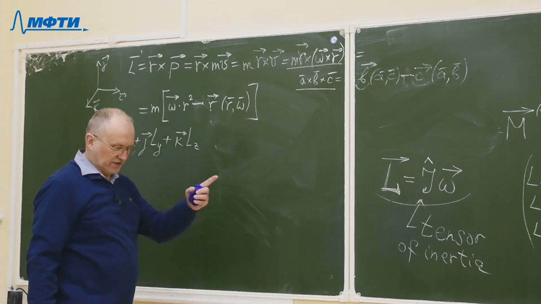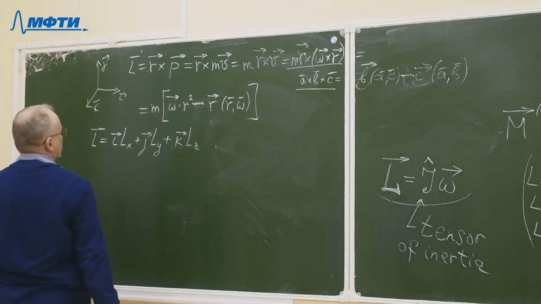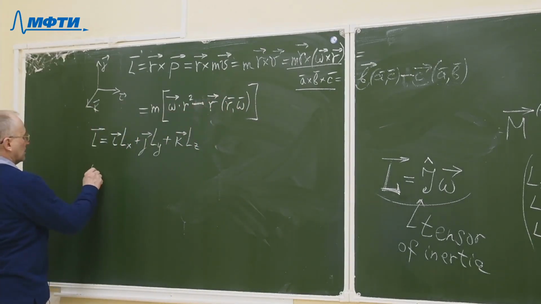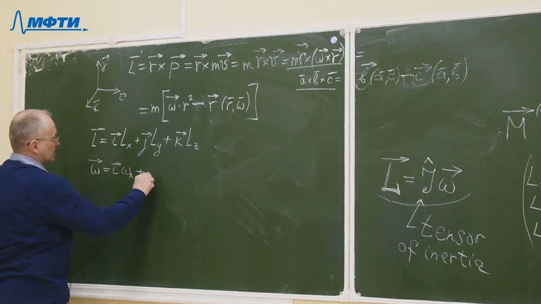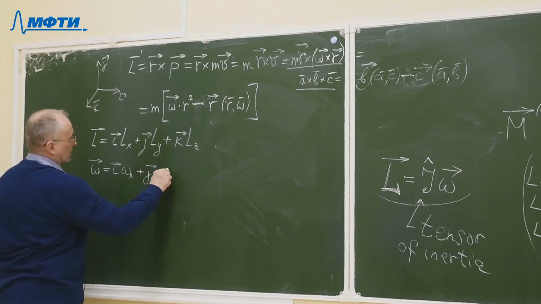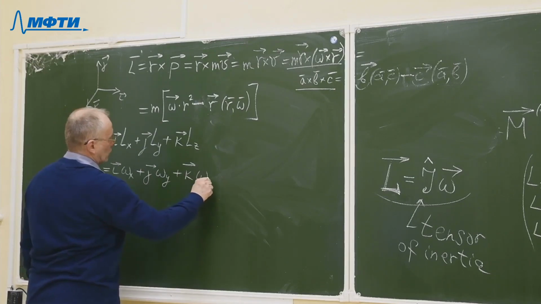These are the unit vectors of the Cartesian reference frame. Also, vector omega can be expressed in the same way. That will be I omega x plus J omega y plus K omega z.